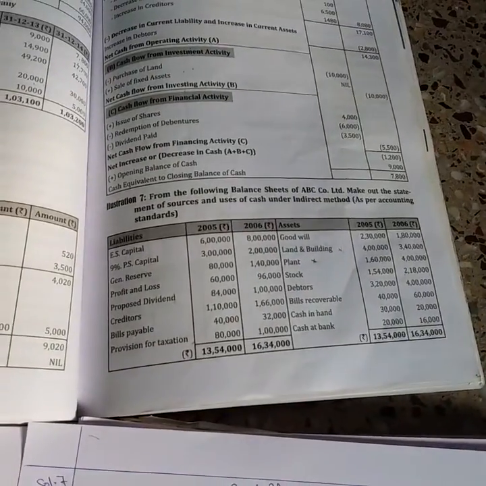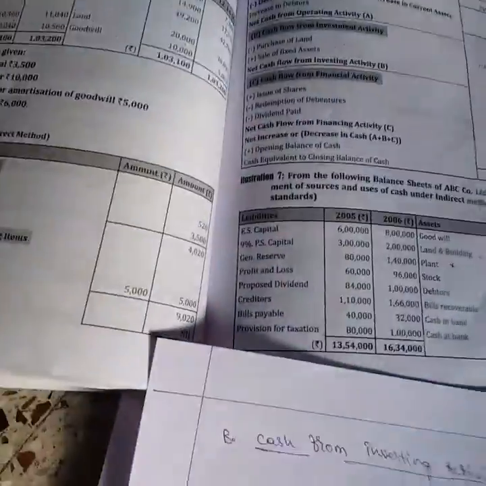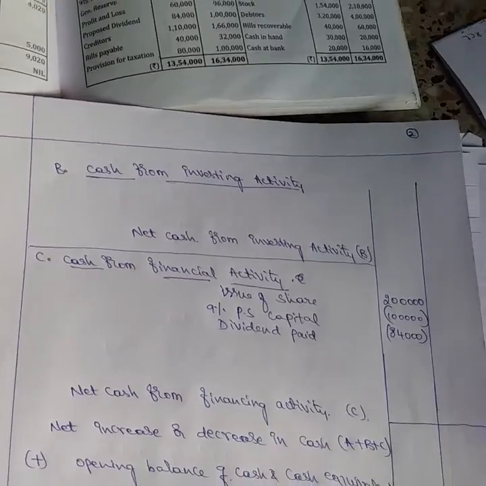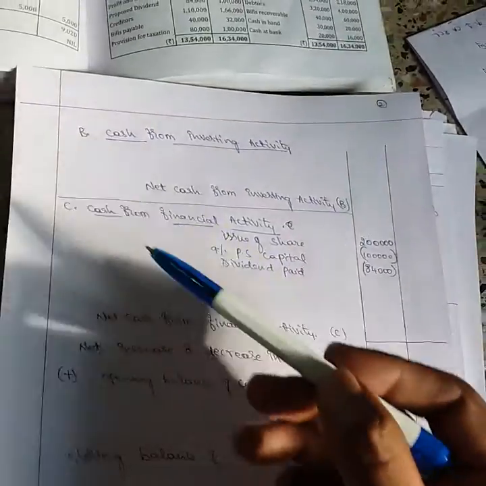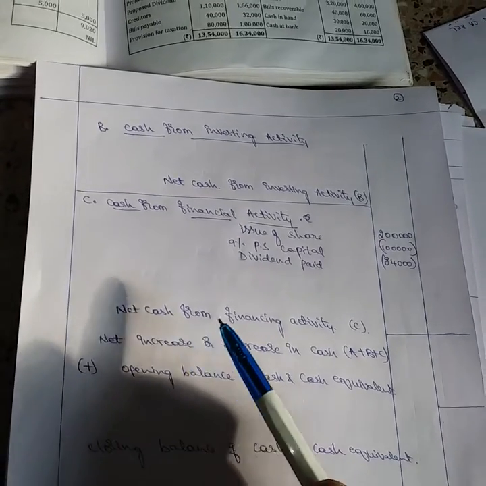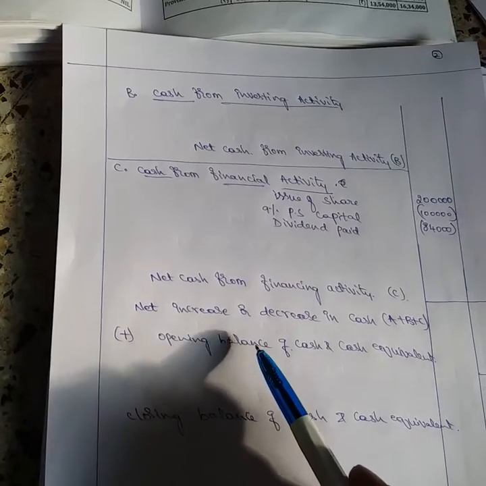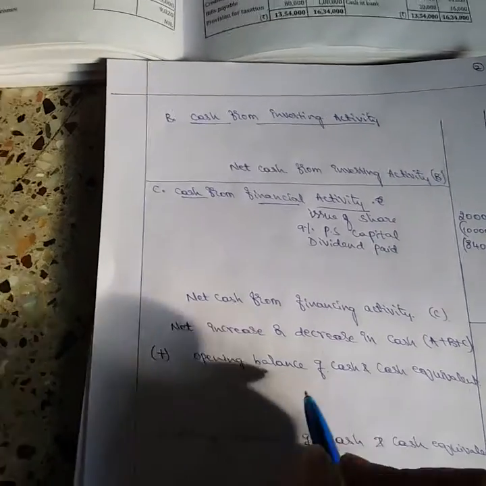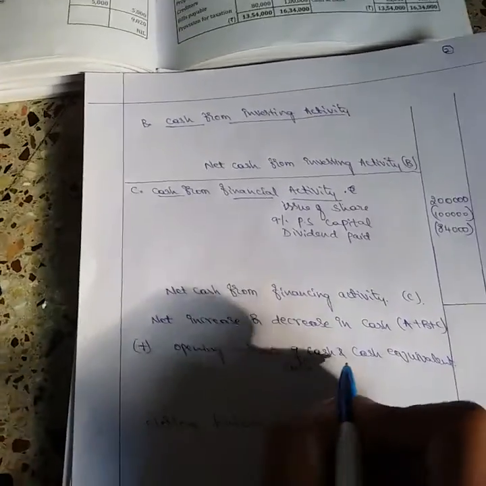Next, cash in hand opening balance. Opening balance of cash and cash equivalent. So after A, B, C, we'll get net increase or decrease in cash. To this, we need to add opening balance of cash. Opening balance of cash is 30,000.